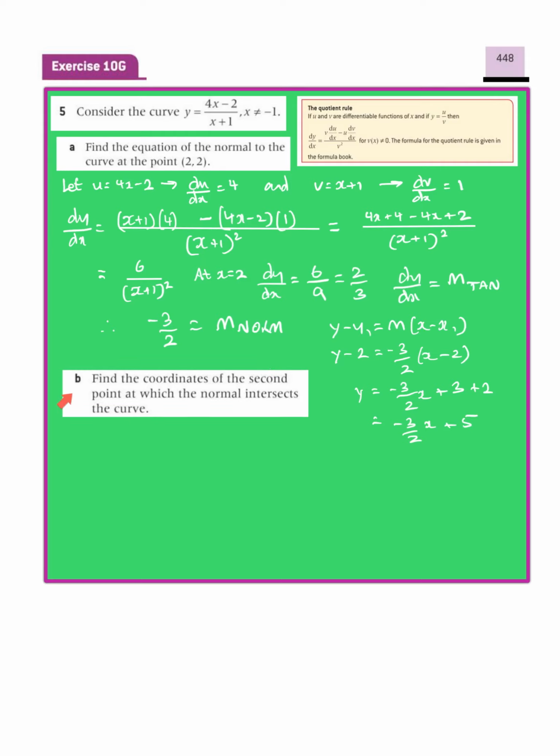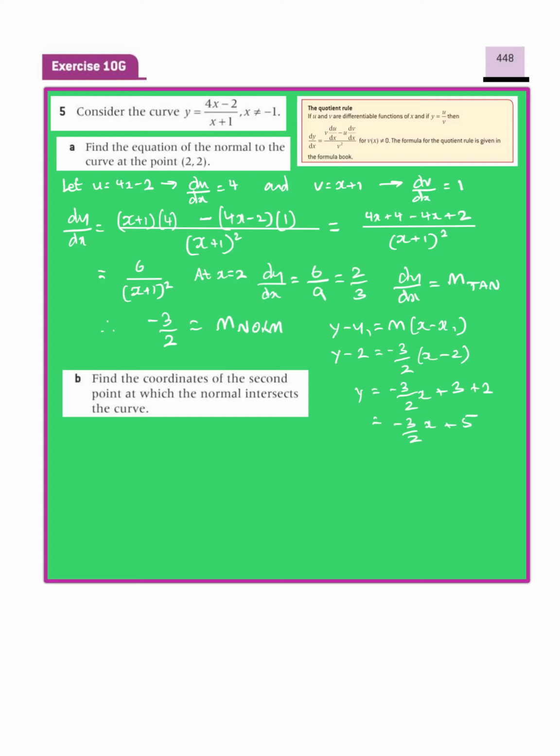Okay, let's have a look at B. Find the coordinates of the second point at which the normal intersects the curve. Well, if we want to find out where the function value is the same for the line and the curve for a certain value of x, then we say that this line equals that function.